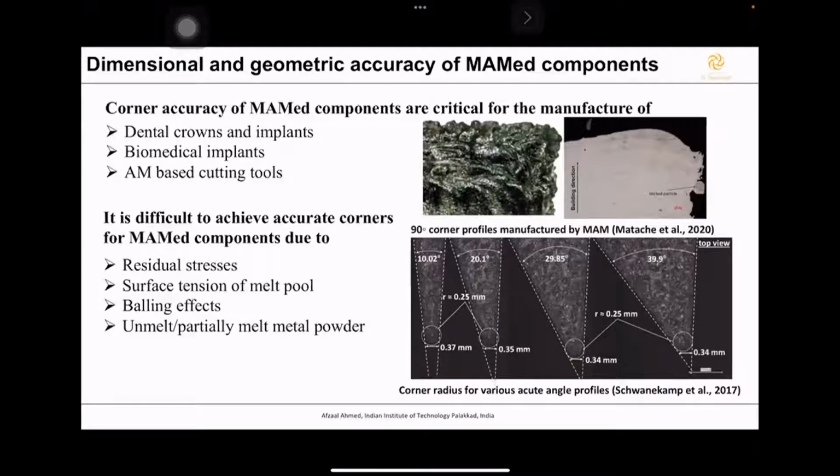For very small angles, you can fit a circle of 0.37. For another slightly bigger angle, you can fit 0.35. And when the angle grows, the circle fitting can be of 0.34 mm. So this is another challenge in metal additive printing.